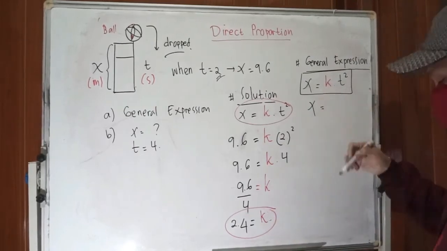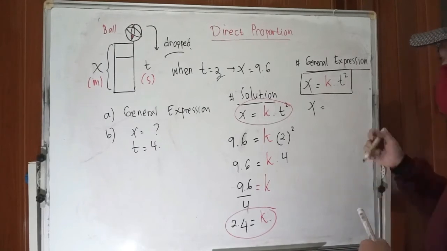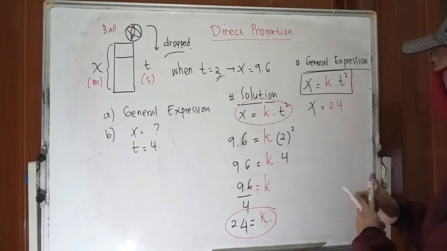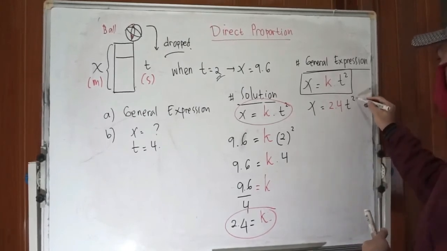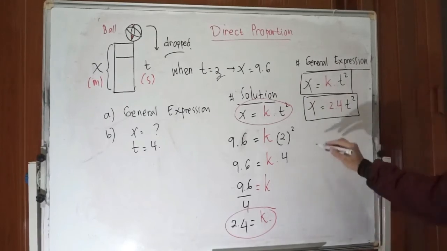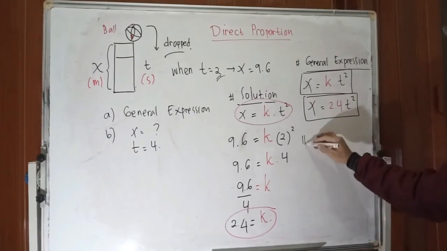So x equals 2.4 t squared. Okay, so this is the general expression. Done. Now, B.